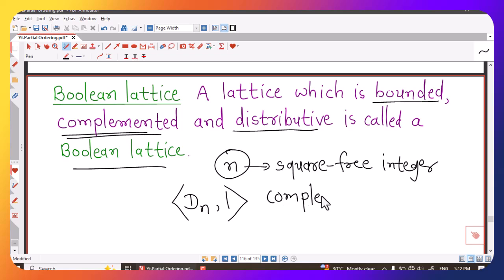If n is a square free integer, then we have seen that this lattice of divisors of positive integer n is always complemented.